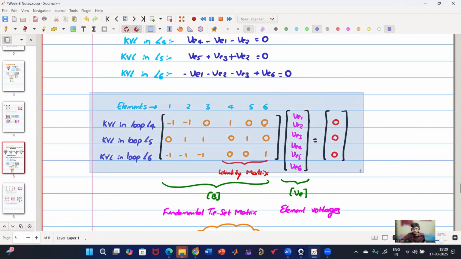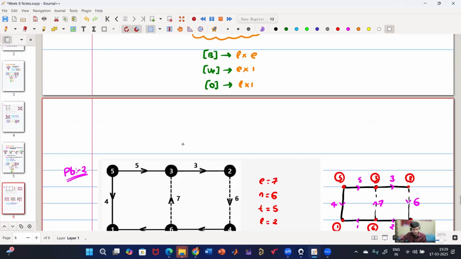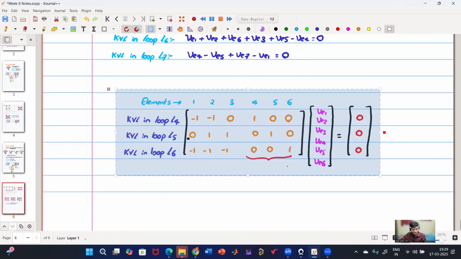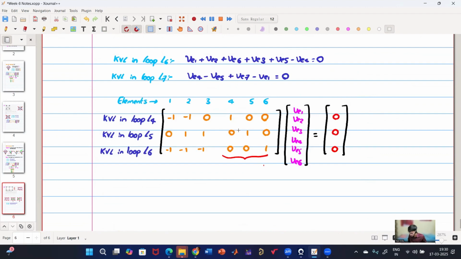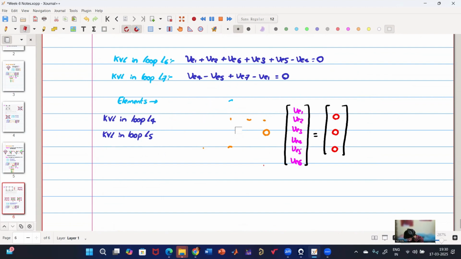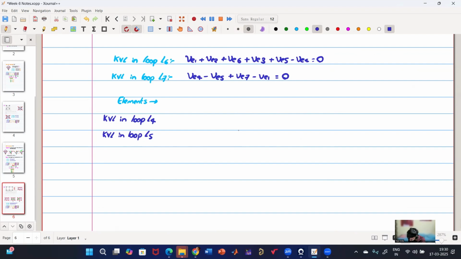Here we have 7 elements, so I'll modify that. Elements we have 7 and loops we have 2 only. So I'll arrange this, and this will also change. So we have elements how many? 1, 2, 3, 4, 5, 6, 7.